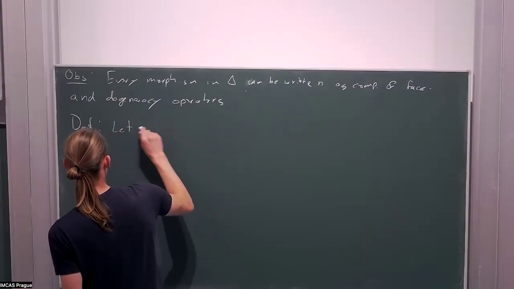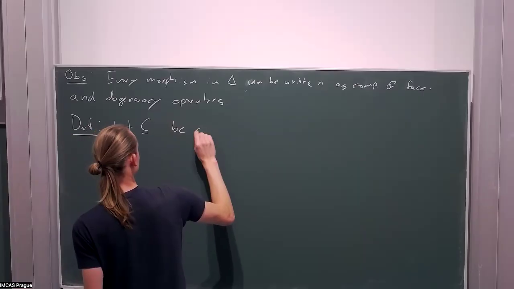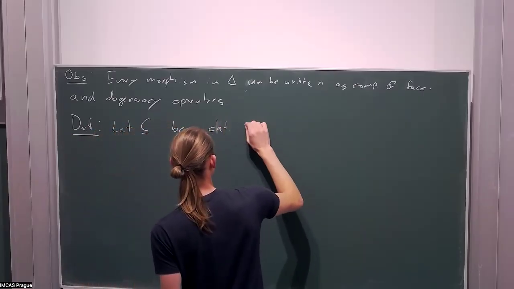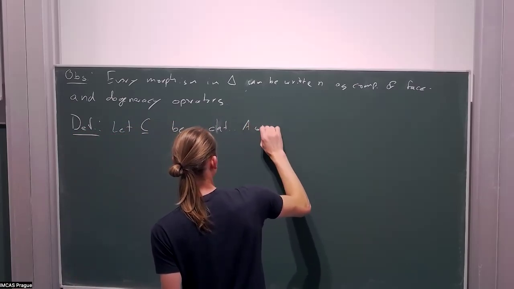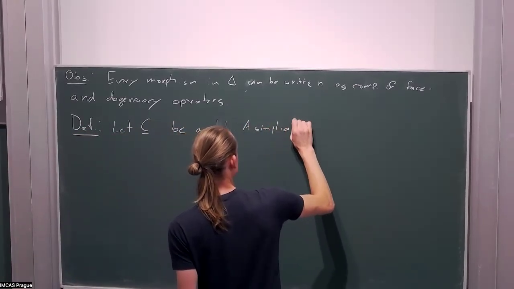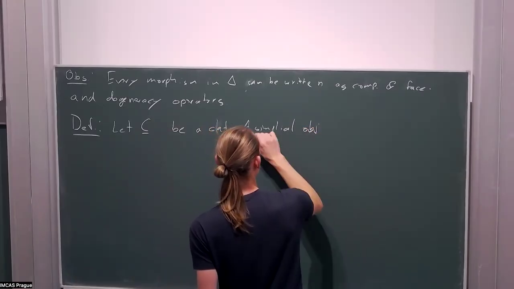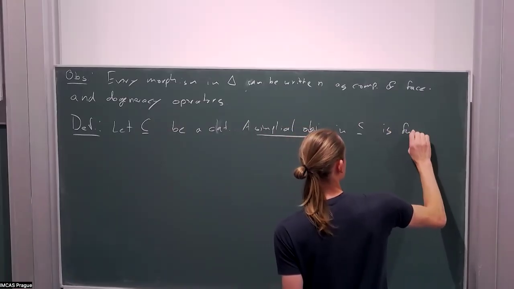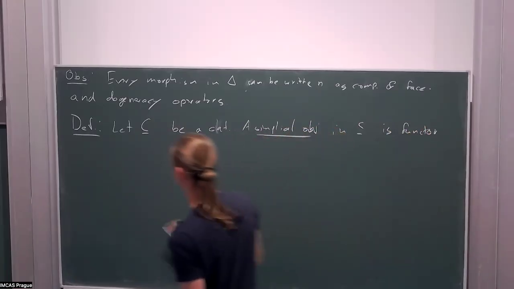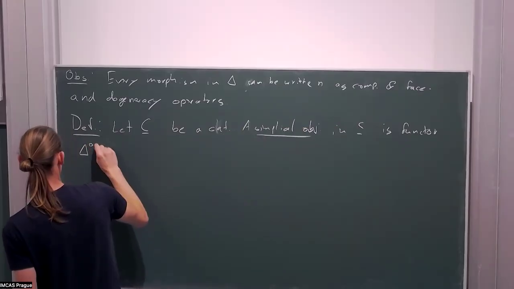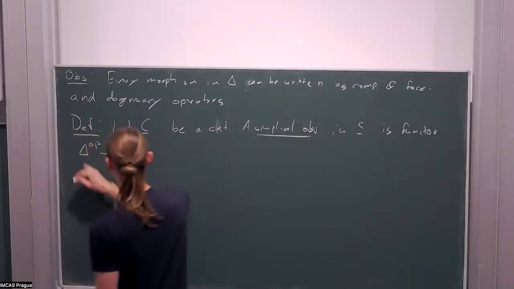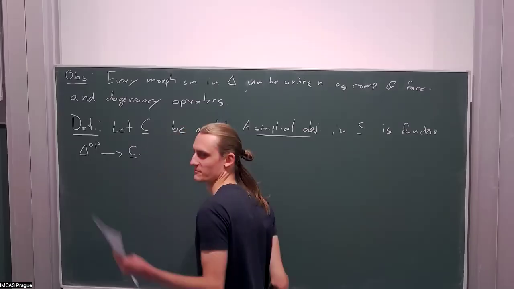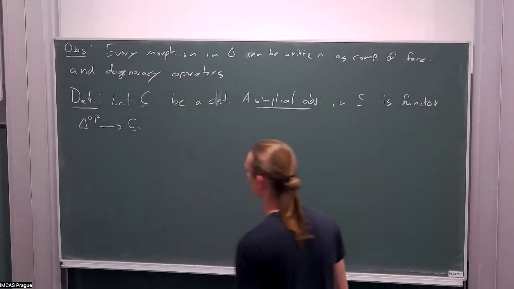So let C be a category. Then a simplicial object in C is a functor from delta op. So it's a contravariant functor from the simplex category to C. Okay, this is a very short definition.